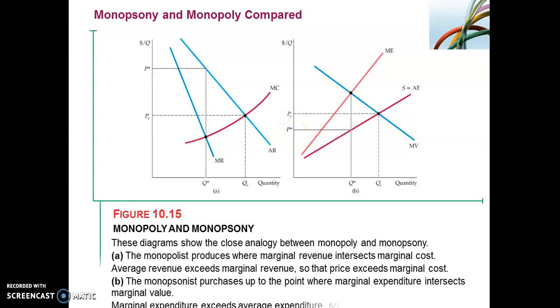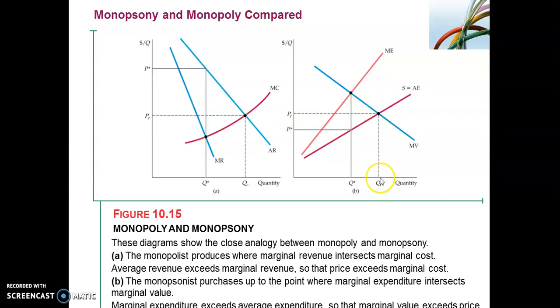However, for the competitive market, the price is going to be PC, which is higher than the price that the monopsonist gets to pay. And the output is also going to be greater.